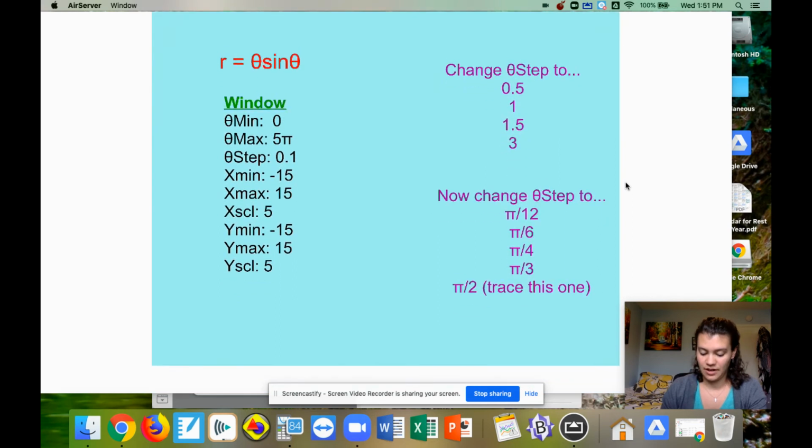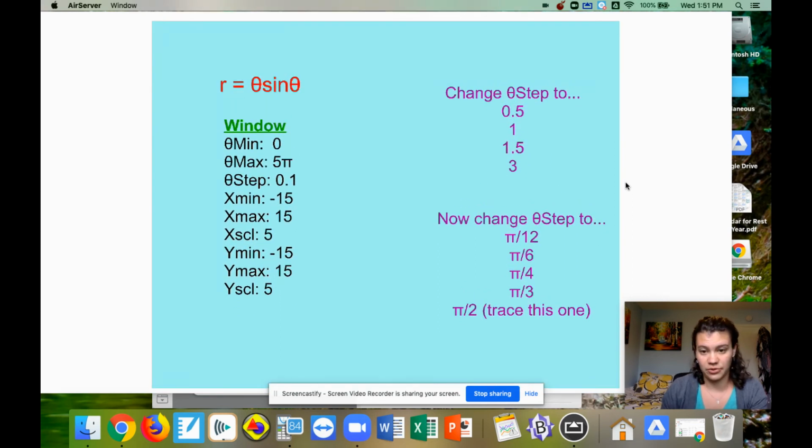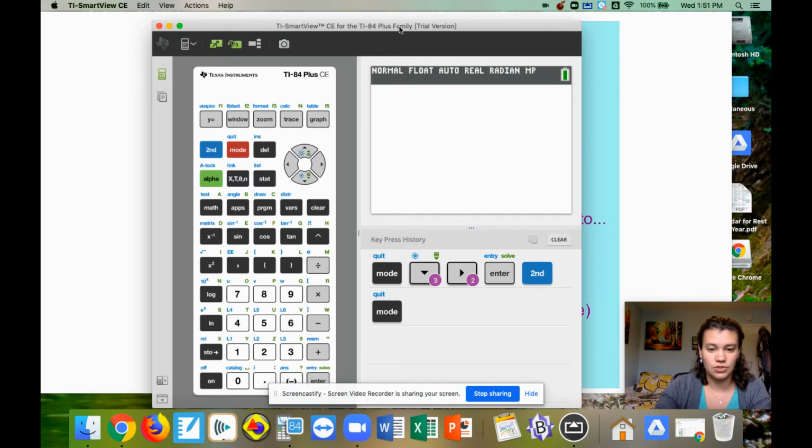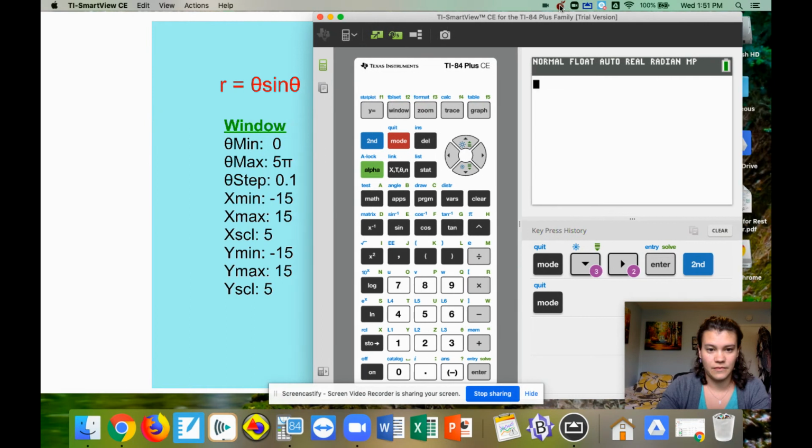I'll do one with you and walk you through graphing all of them, but then I'll have to graph the rest at home, just so I'm not spending a ton of time typing stuff in since it's slow on my calculator. To do this, we go to the window. Theta, again, is just going to be this xt button, and then sine of theta.